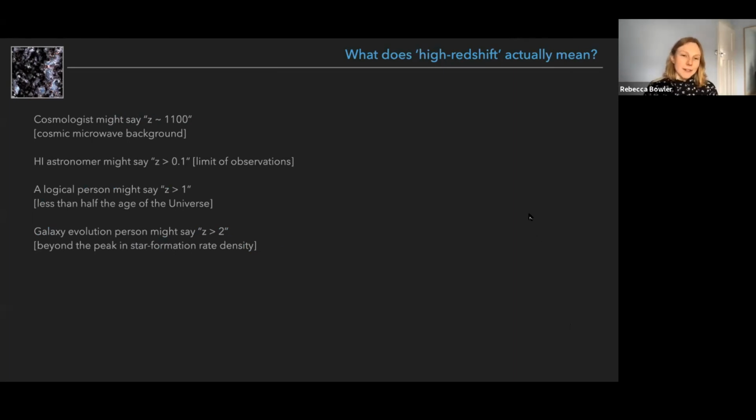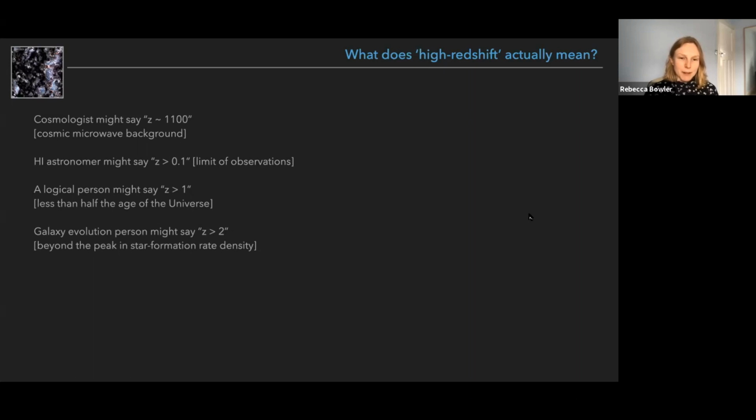A cosmologist might say high redshift is 1000, 1100, corresponding to when the cosmic microwave background light was emitted. But I spoke to some of my group members yesterday who work on HI astronomy, and they define redshifts greater than 0.1 as high redshift, purely because that's the limit of their observations at the moment. So you can see already a huge difference in what people define as high redshift.